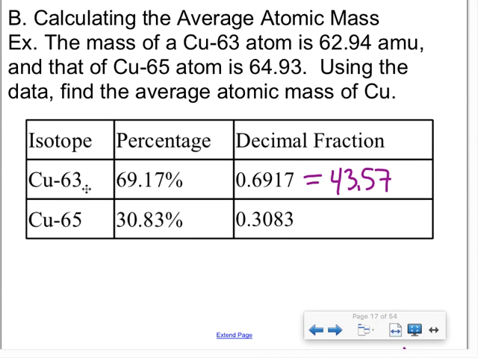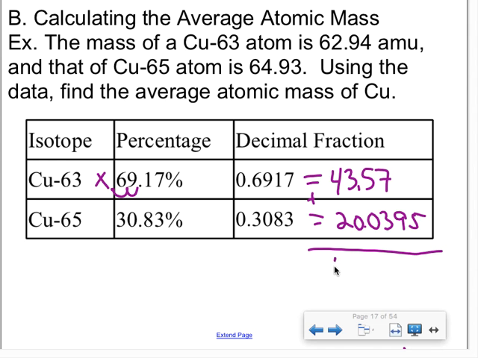Now remember, this is a percent, so I had to put it into decimal form. Just gotta move the decimal place over 2. If I take 65 times 0.3083, I get 20.0395.